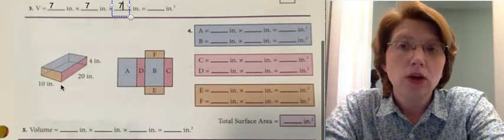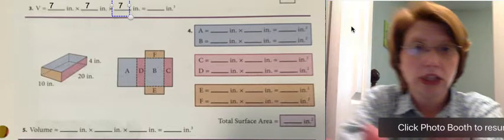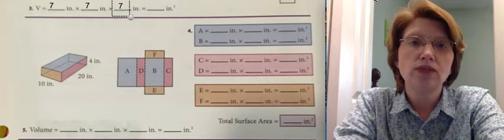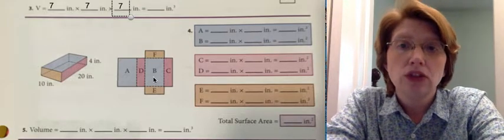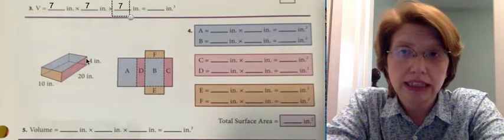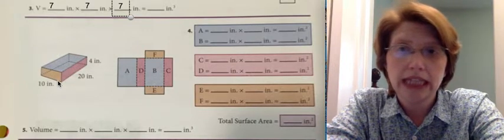Okay, now we're going to take this rectangular prism and we're going to open it up so that we can determine the surface area for this rectangular prism. So we see here they've got the sides labeled. The height here is 4, this is 20, and this is 10.